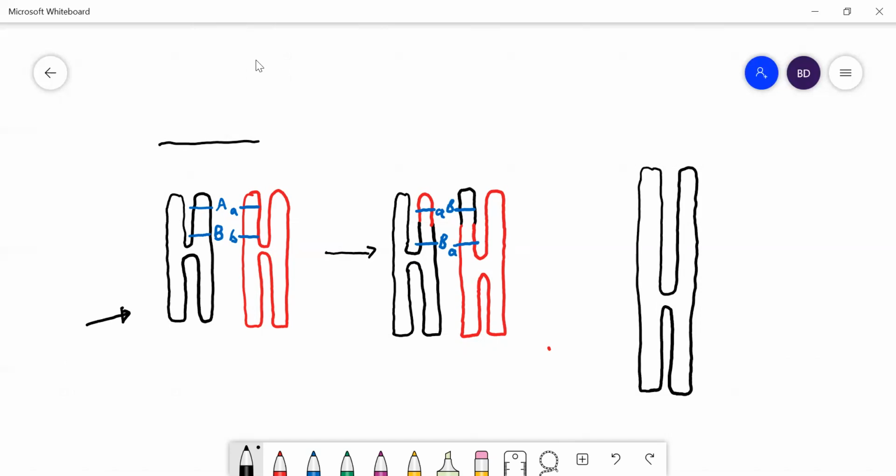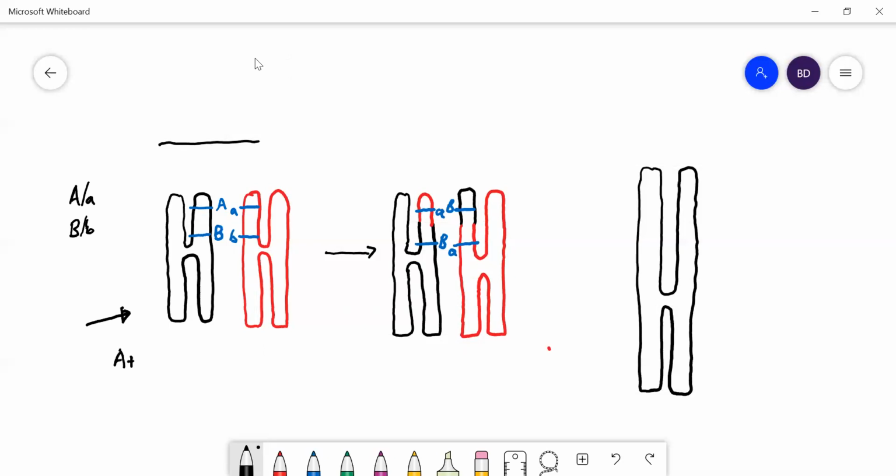We've got this one, which is A, or it can be little a, and the next one a bit lower down on the arm of the chromosome, the 2 alleles it can have are big B or little b. Okay, so I've drawn the black chromosome there with large A, large B, and the red one with little a, little b.